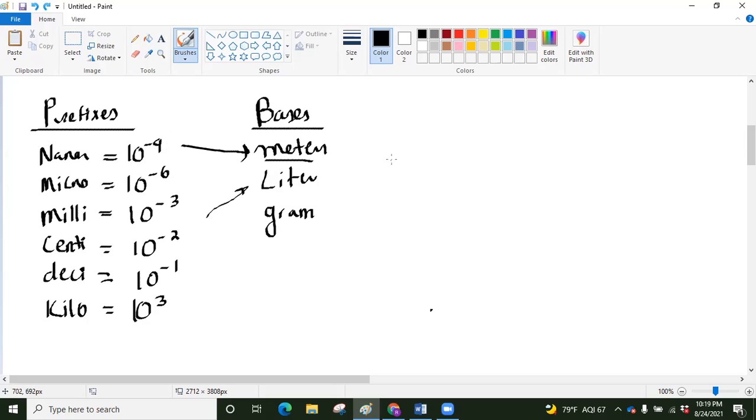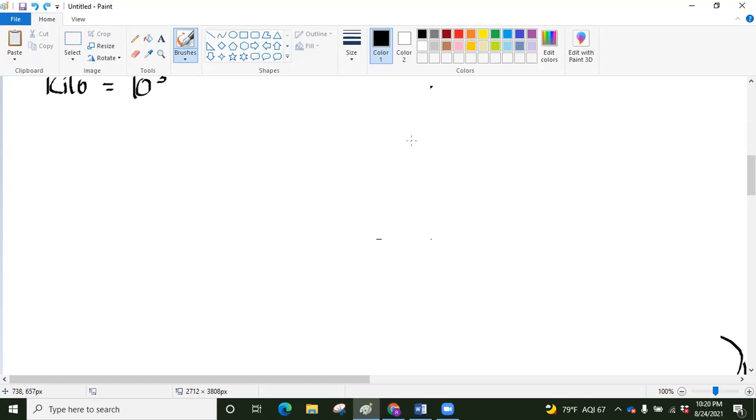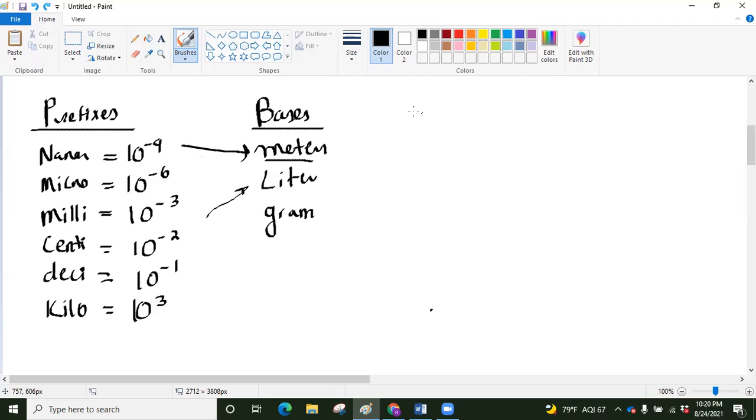But our concern is to convert between them. So we want to be able to say, okay, 6.34 meters is how many nanometers. This relationship is a base to a prefix, right?